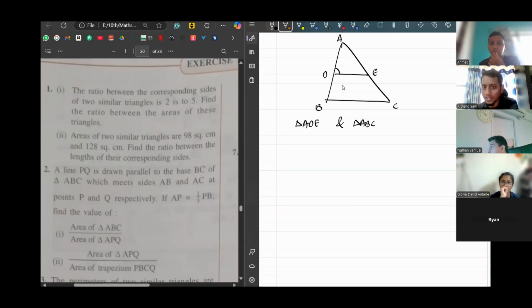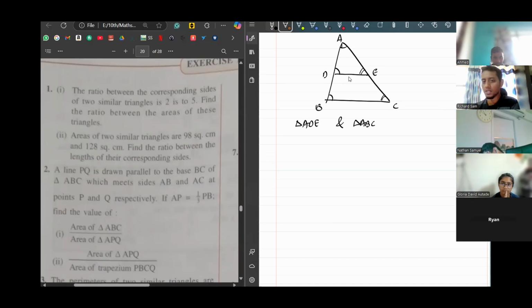Angle D is equal to angle B. Similarly, angle E is equal to angle C. So we got two angles. And the third angle is the common angle here. Angle A is common for both, right? So using this, we know for sure that these two are similar, even though you have to show it by showing these angles.